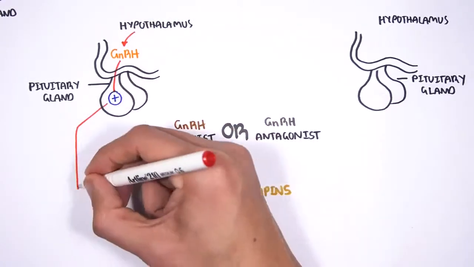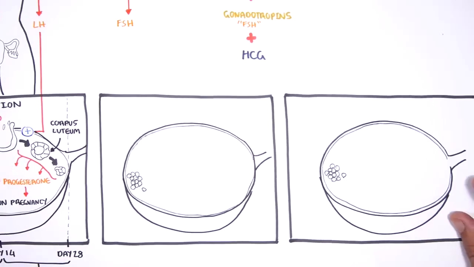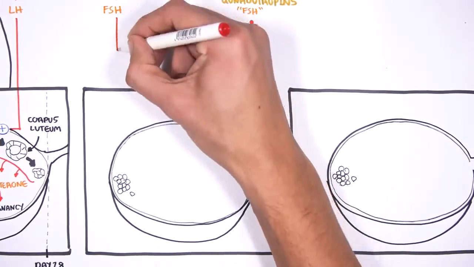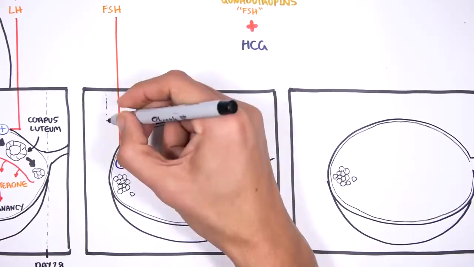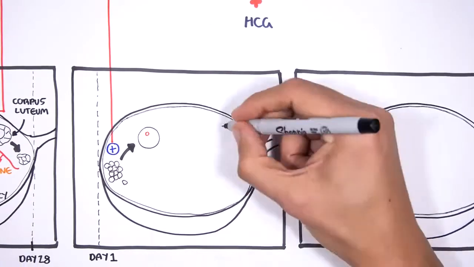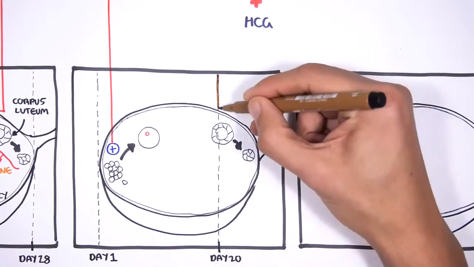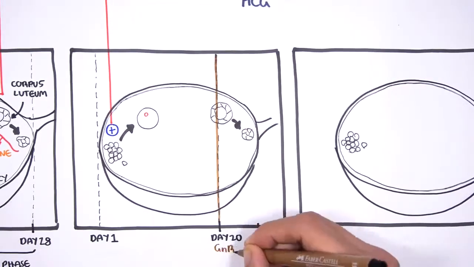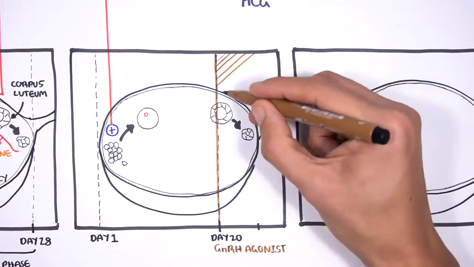Gonadotropin releasing hormone stimulates the release of follicle stimulating hormone from the pituitary gland. Follicle stimulating hormone will travel to the ovary to stimulate follicle development. Controlled ovarian stimulation using gonadotropin releasing hormone agonists begins at day 20 of the previous menstrual cycle, the time when the corpus luteum is slowly degenerating.